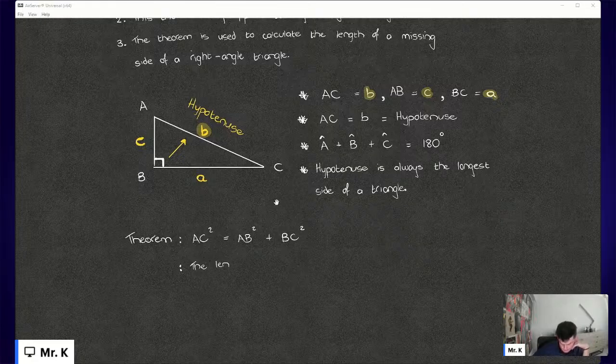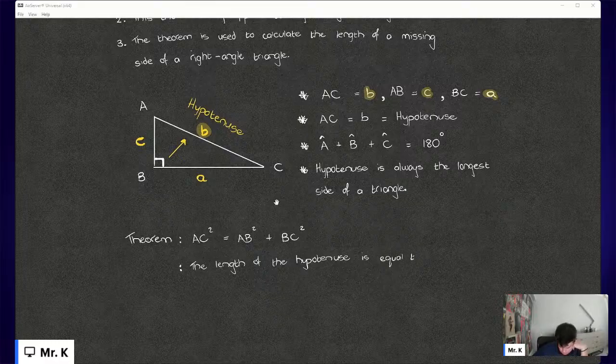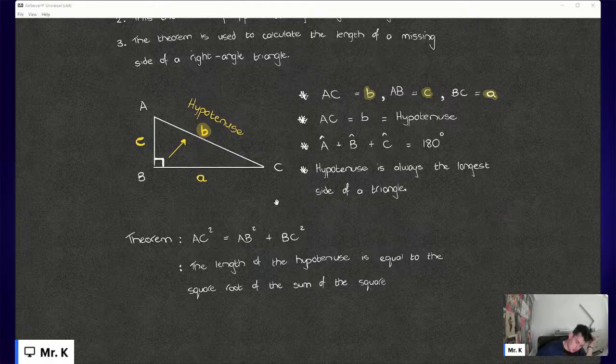The length of the hypotenuse is equal to the square root of the sum of the squared other sides of a triangle.